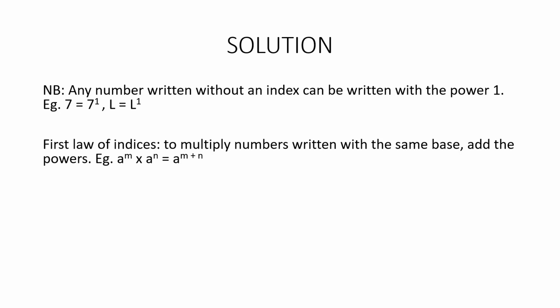Because they have a common base a, we write only one of the a's, then we add the powers. So you get a to the power m plus n. Hope it's clear now. So based on this, let's look at our first solution, area.